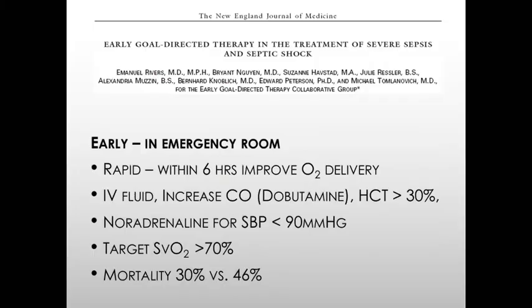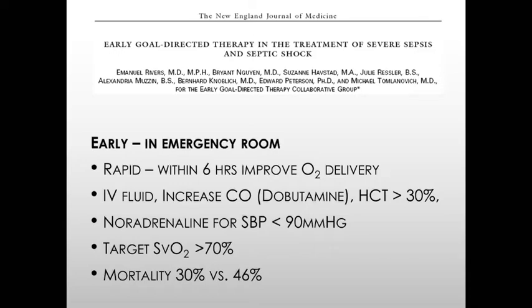Now, about 20 years ago, there was a landmark paper published by Manuel Rivers, who showed that he could improve survival by early and aggressive resuscitation in the emergency room. Previously, people had tried goal-directed therapy in ICU, and it basically didn't work in sepsis. But his key, I think, was that he realized that when patients had presented, they need initial and rapid resuscitation, and he gave patients IV fluids, dobutamine or noradrenaline if the blood pressure is down, and blood to keep the hematocrit above 30.